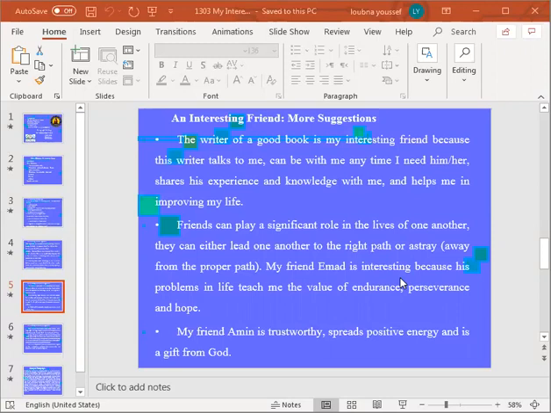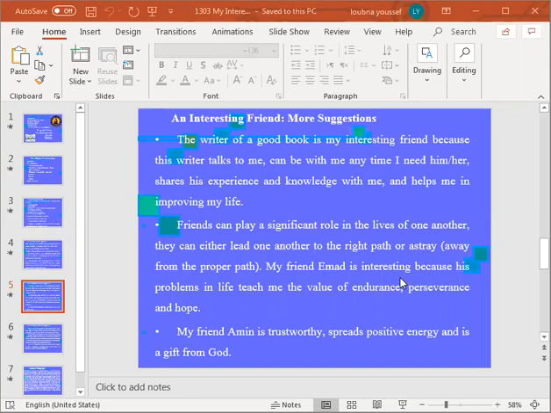Another suggestion. My friend Amin is trustworthy, spreads positive energy, and is a gift from God. Now, here the writer has identified the name of his friend, Amin, and the evidence and support. Number one, Amin is trustworthy, meaning he does not lie, he does not give me bad advice, he supports me when I need him.